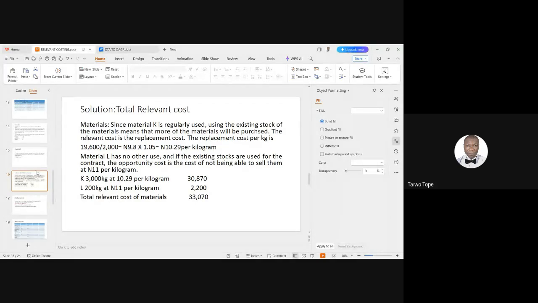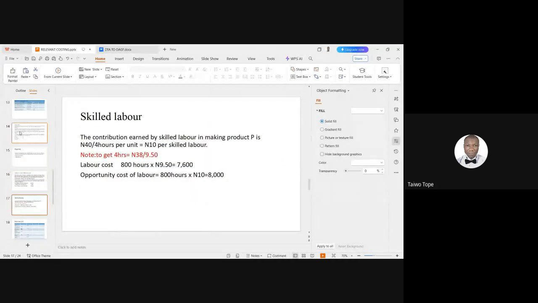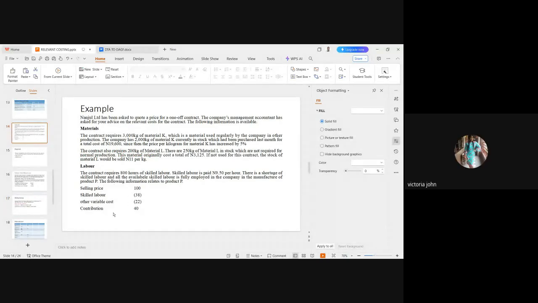If it is in statement form, where the selling price is this, skilled labor is this, other variable cost is this, to compute the relevant cost of labor, you have to solve and get the contribution, and then go further and solve for the contribution per hour.